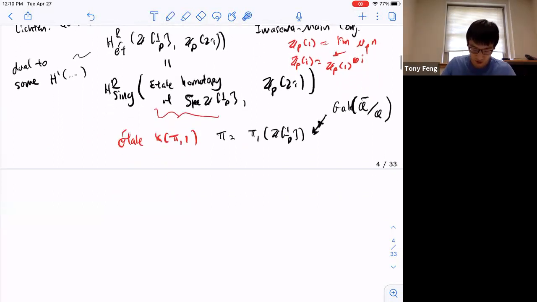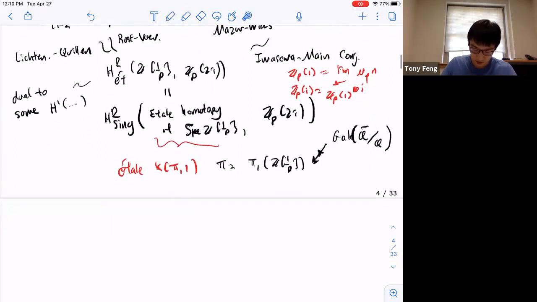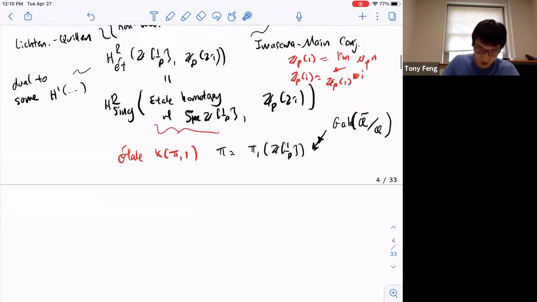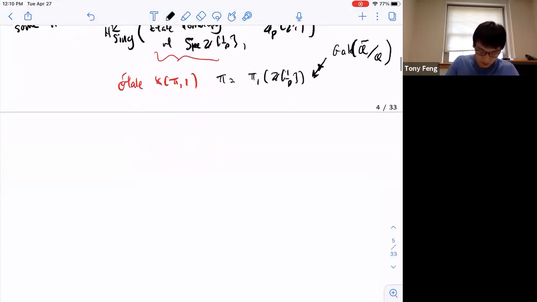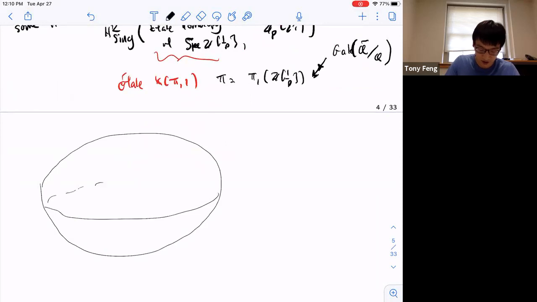Let's see. So what do I want to say here? So I want to just quickly draw a picture of this, of what this étale homotopy type looks like, because it's something which is maybe less weird or less unfamiliar than one would think.